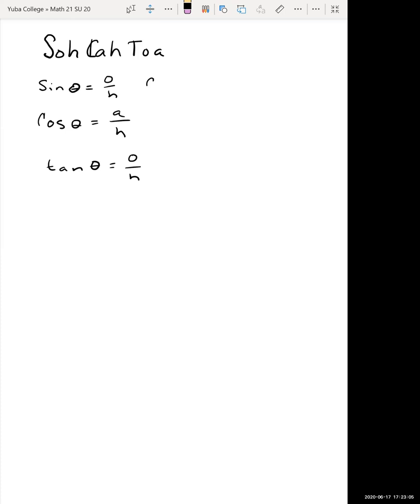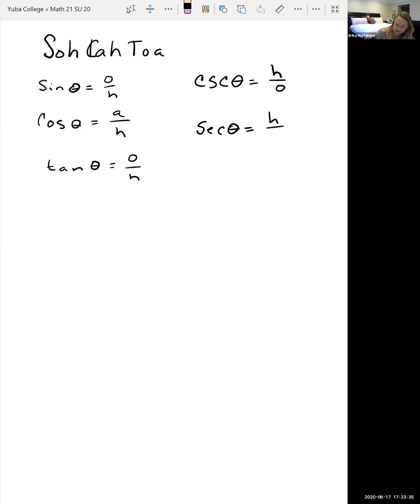We then looked at the reciprocal functions. The reciprocal function of sine theta is called cosecant theta. This is 1 over sine theta. So basically it's just the reciprocal of the ratio of sides of sine theta, so it would be hypotenuse over opposite. The reciprocal function for cosine theta is called secant theta, and this is hypotenuse over adjacent.